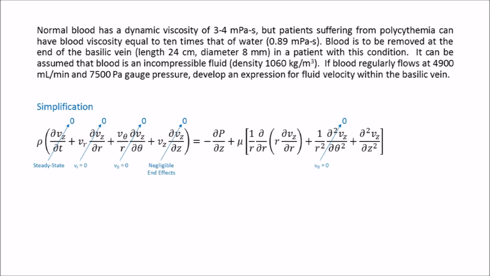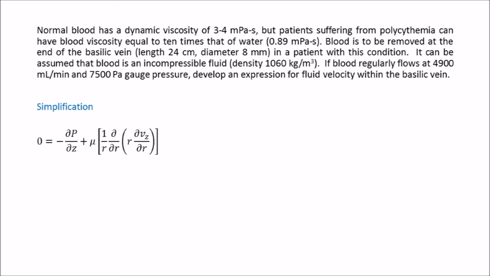And finally, from assuming negligible end effects, we know that the first and therefore subsequent derivatives of vz with respect to z must also be 0. Removing these terms leaves us with a very simplified expression. We can move del p del z to the other side of the equation. Just a reminder that this pressure is the modified pressure which accounts for gravity.